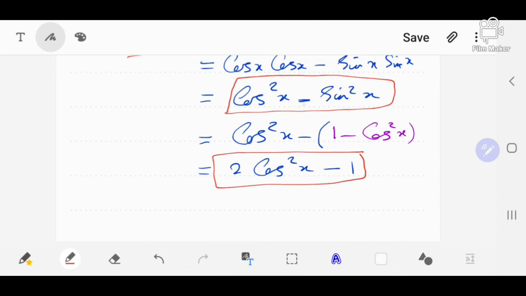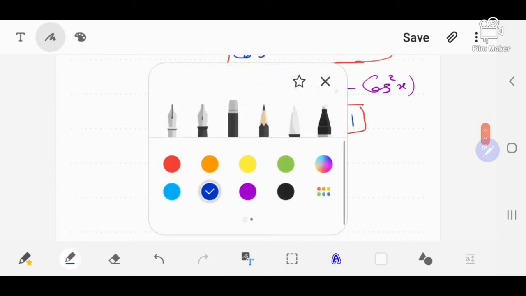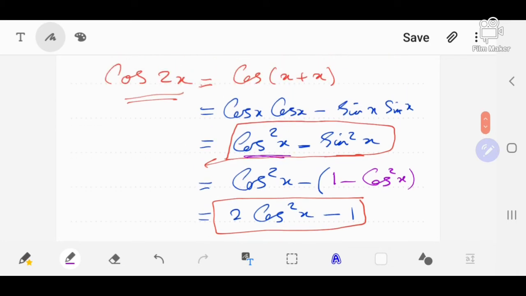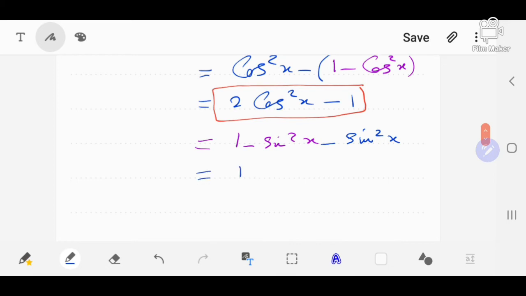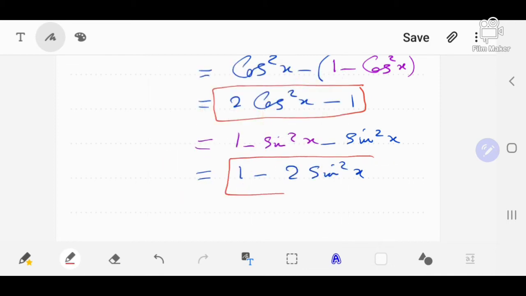And you can also replace the cosine instead of replacing sine, and that will give you 1 minus sine squared x instead of the cosine, minus sine squared x, which means 1 minus 2 sine squared x, and that's actually a third formula of cosine double the angle.